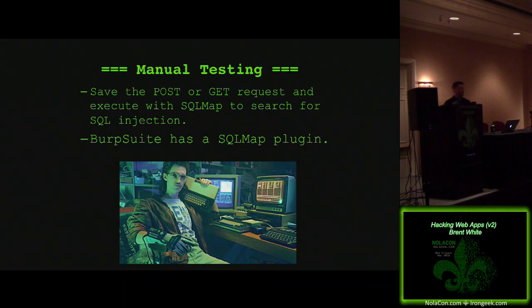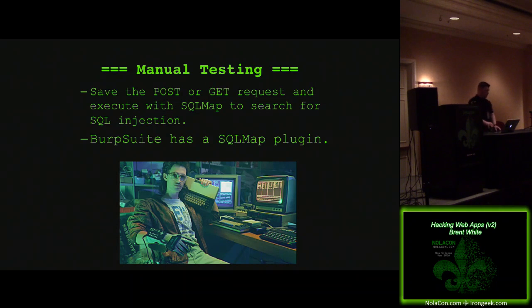This kind of goes back to the reporting that I was talking about earlier. You want to save all of the POST or GET requests that you send for the things you found vulnerabilities for. If you found a parameter that you think might be vulnerable to SQL injection, actually save that POST or GET request as a secondary text file, and then run that text file through SQLMap or SQL Barbecue or some other SQL injection tools that are installed on Kali.